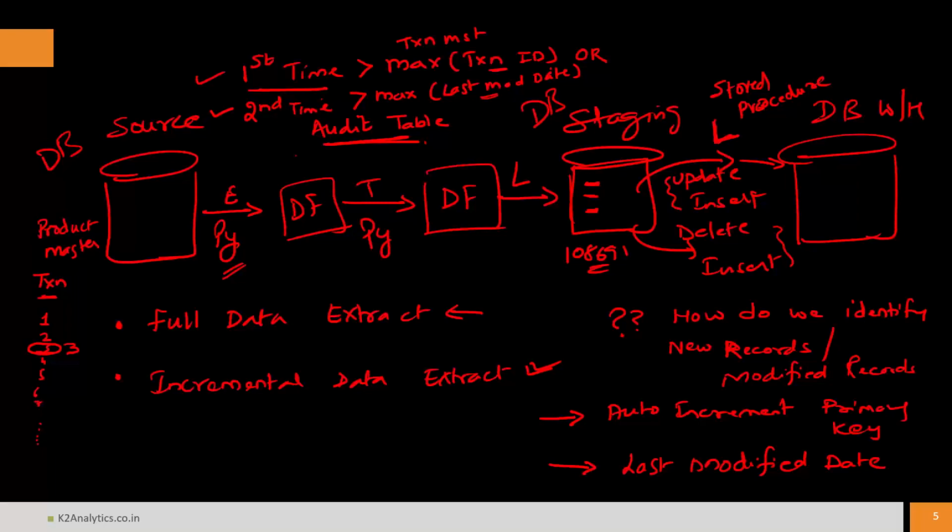Knowing this, now I'm giving an example with respect to a transaction master table, with the assumption that the person who has designed the OLTP system has considered the best practices. The scenario may not always remain the same.